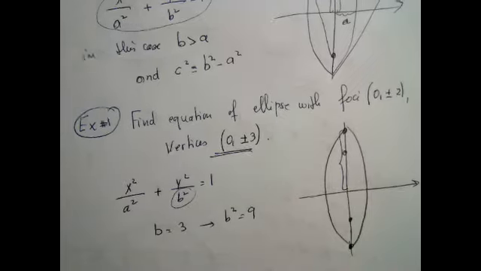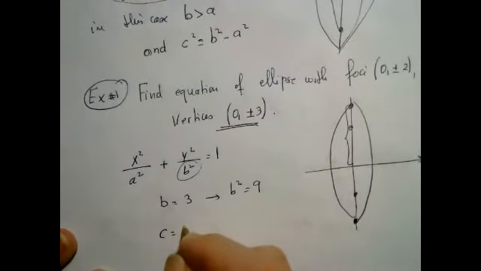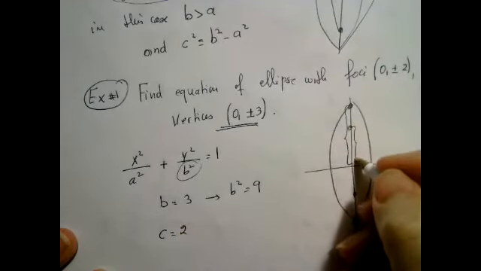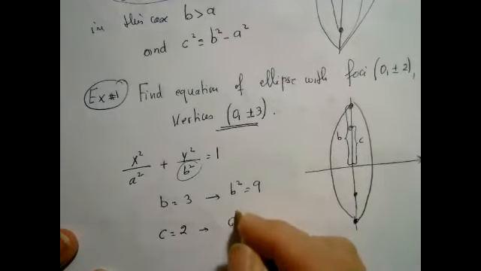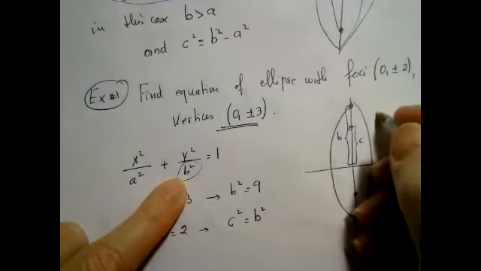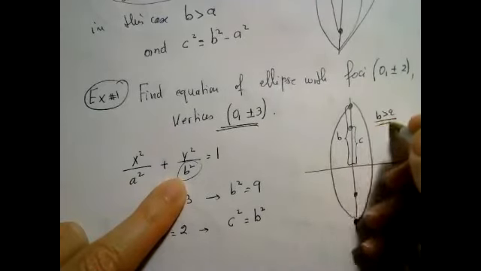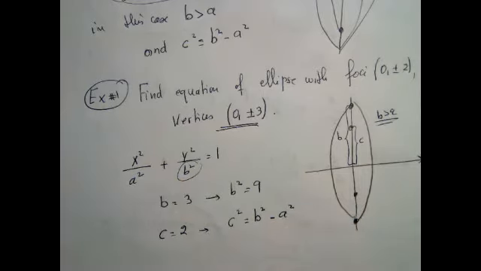I need the A. To find the A, they gave me the foci. So they gave me C is equal to 2. That's my C right here, that's the B and that's the C. What's the relationship? We know that C squared is the largest, here B, is bigger than A because the foci are on the y-axis, minus A squared. That's my C squared.